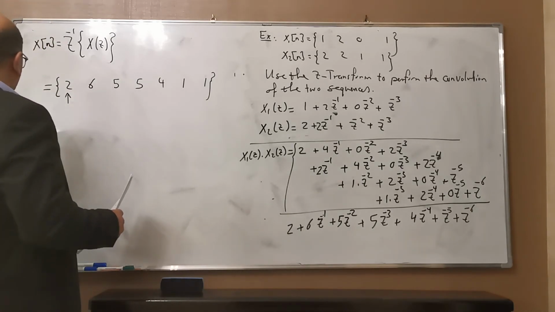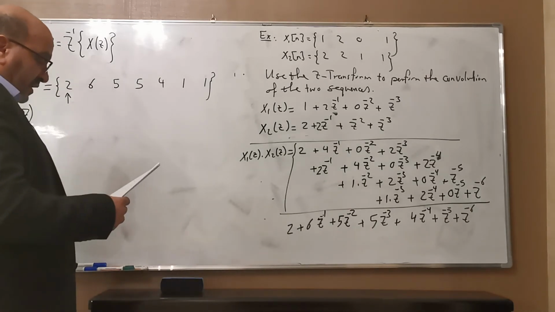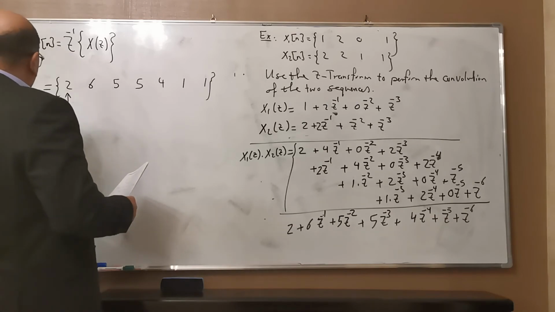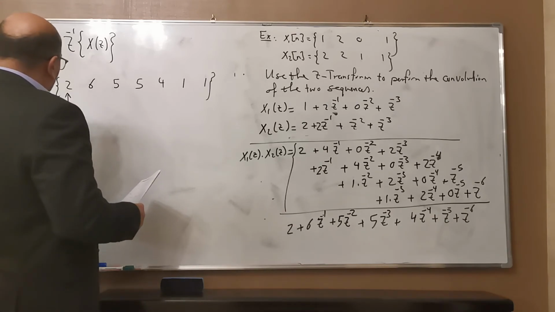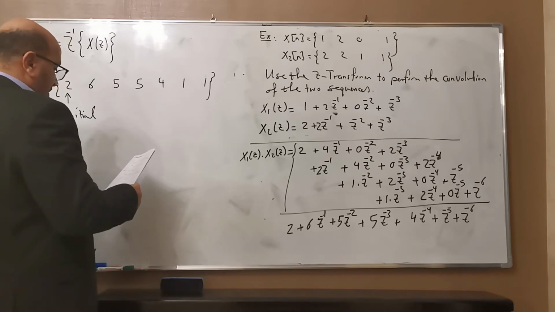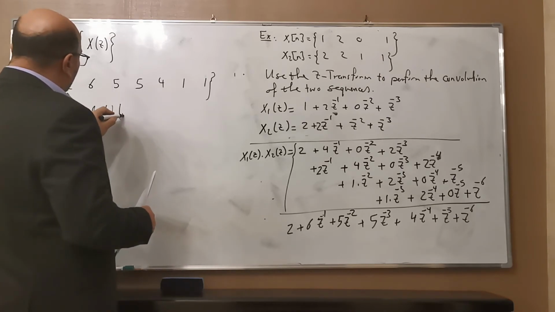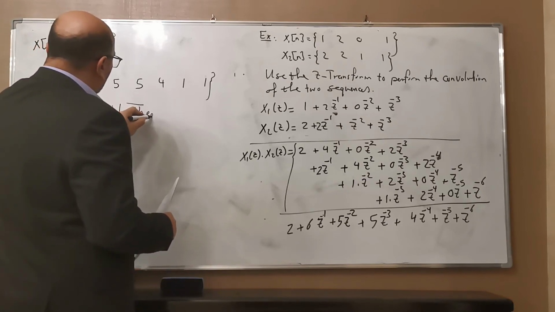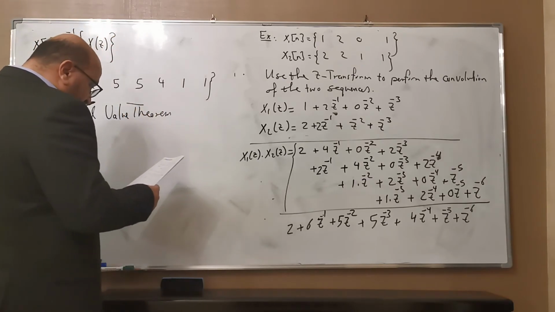Property number 7, and this is the last property. This is the initial value theorem.